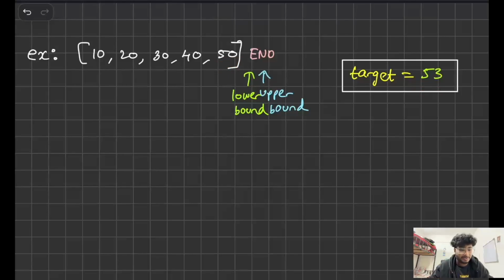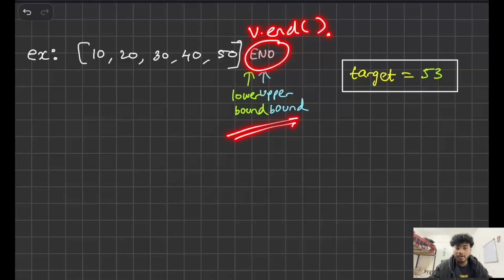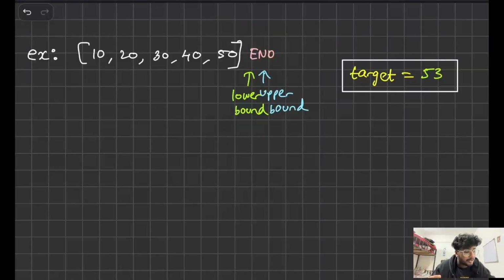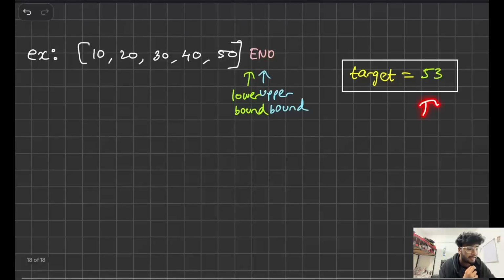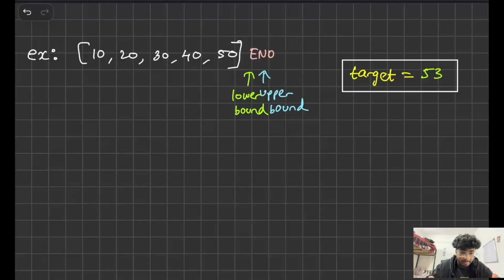The array is sorted, so if it does not exist, we would get v.end(). Both the lower bound and upper bound functions would return an iterator which points to the end of our vector. 53 is greater than the largest element, so I would return, hypothetically speaking, v.end(), which is greater than all elements in the array.